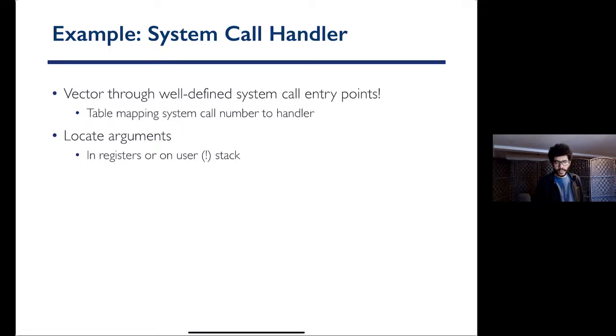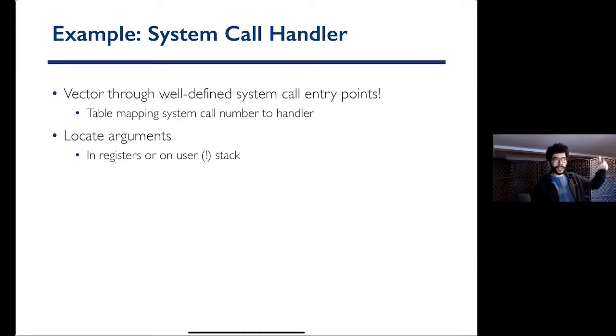Now, where are they? They are on the user stack, obviously, right? Because user doesn't have any access to kernel stack. So for the user, it's kind of like a call to a function. You put all the arguments of that function on your stack. So now we're in kernel mode. We have access to the user stack.